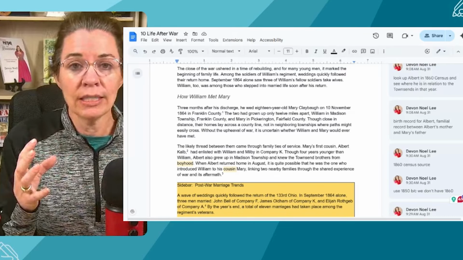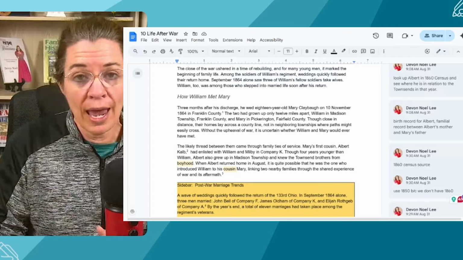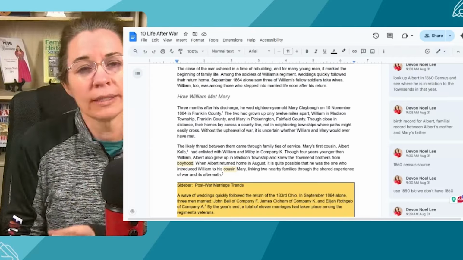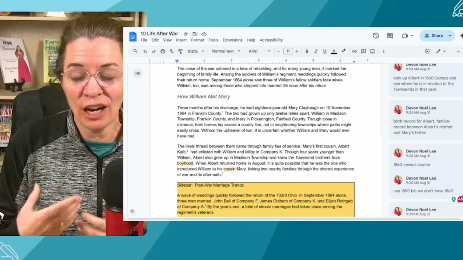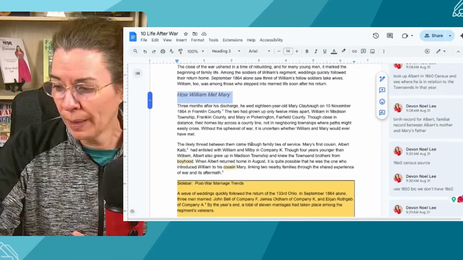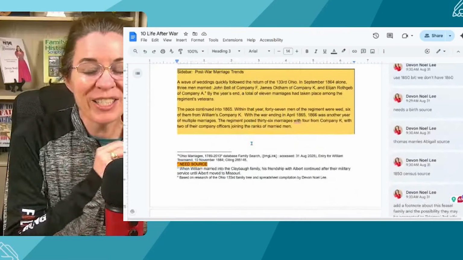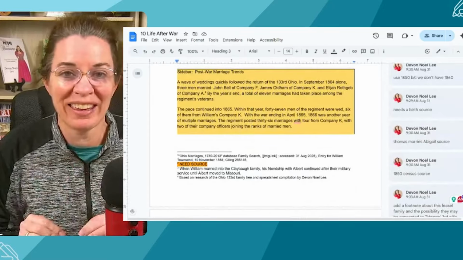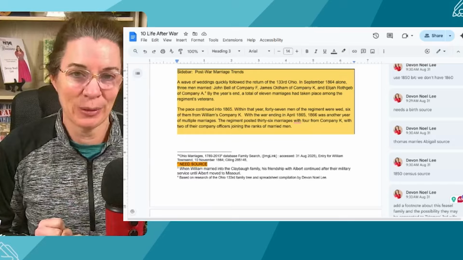And how could these different people come together and serve for any length of time? That was the point of doing that research. Well, then I decided to talk about how William met Mary, and we'll talk more about that a little bit later. But I took some of the trends from his unit and I put it into a sidebar.